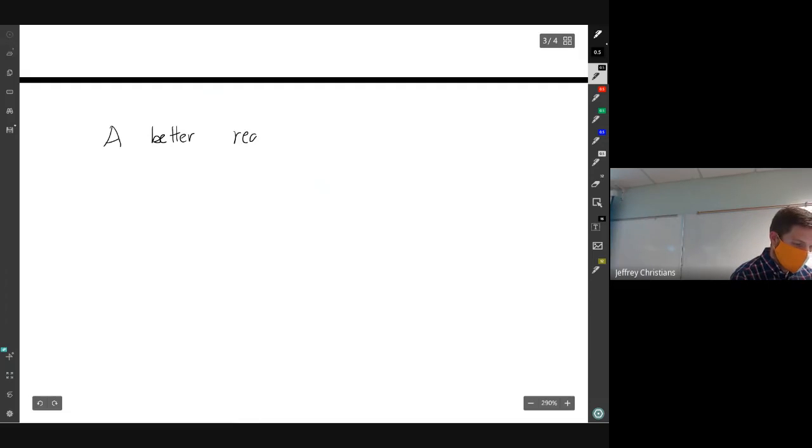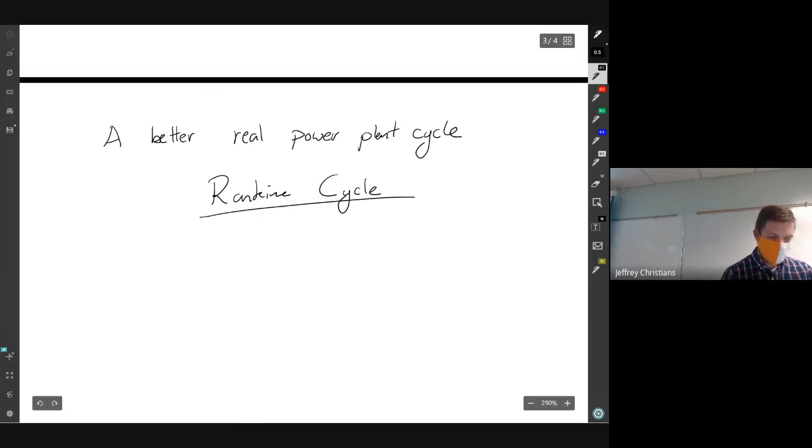So a better real power plant cycle is the Rankine cycle.